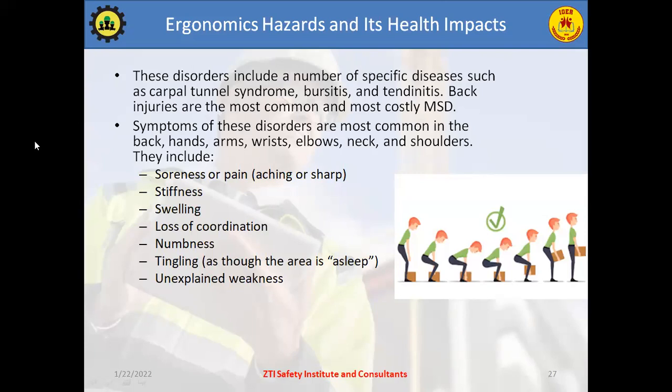As I explained in the previous slide, back injuries are the most common, and most workers are prone to them.